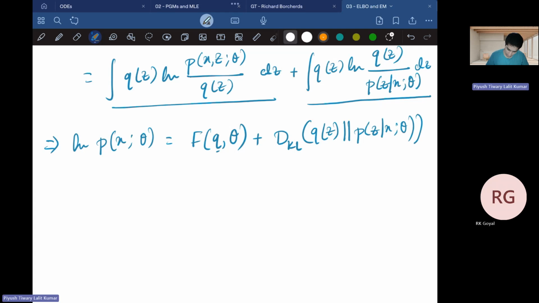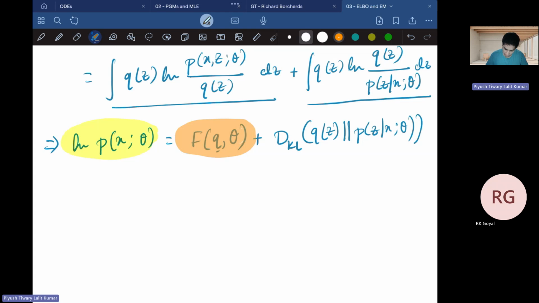Okay. So let's take a step back and think what this equation is. So this is your log likelihood term. That's completely fine. What is this equation telling us? That log likelihood is equal to some function, this f of q comma theta.